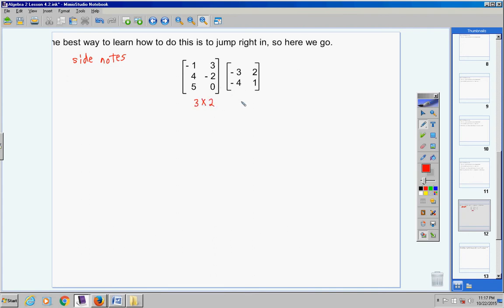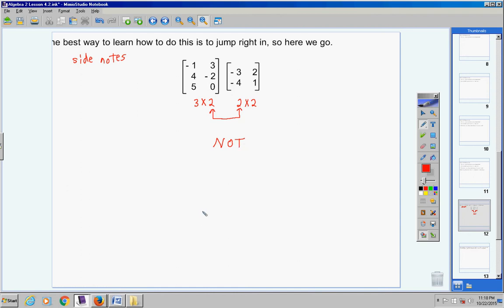This is a 2 by 2, 2 rows, 2 columns. Now, because these 2 numbers here are on the inside, I call them inside numbers. Obviously, these 2 numbers here are called my outside numbers because they're on the outside. If these 2 inside numbers do not match, then you cannot multiply the 2 matrices together.